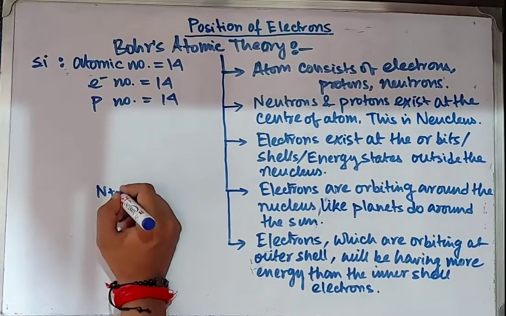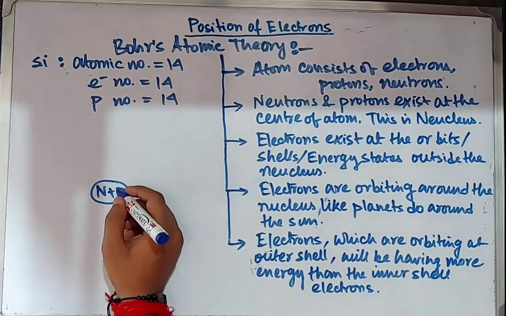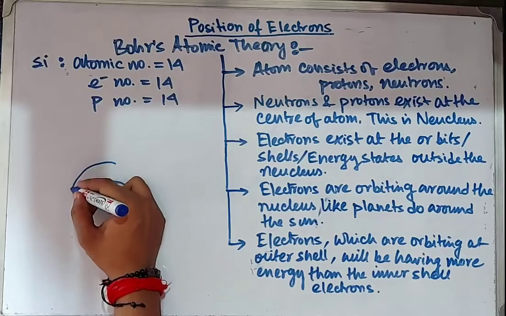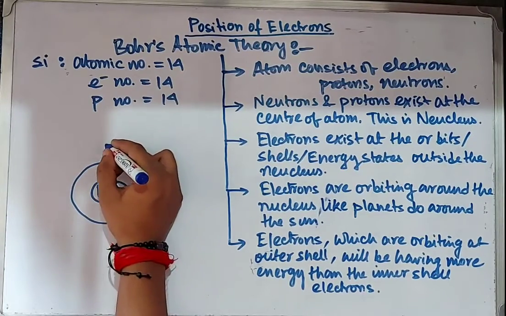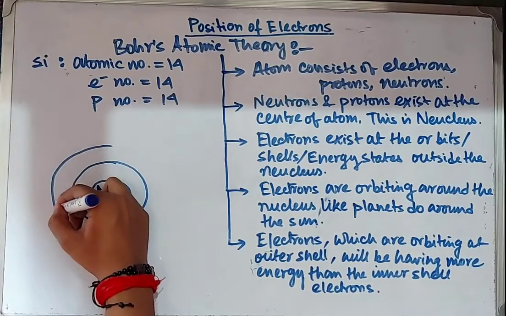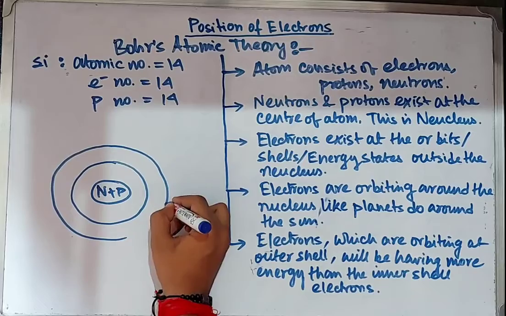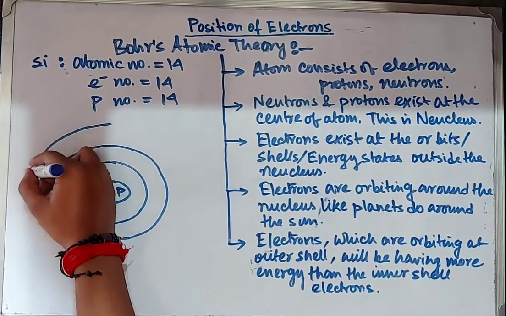If I draw the nucleus, this is the nucleus where neutrons and protons exist together, and these are the orbits or shells, or you can say energy levels, where electrons are moving around the nucleus.